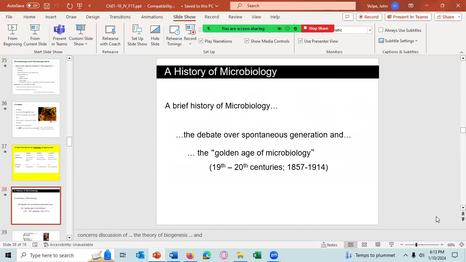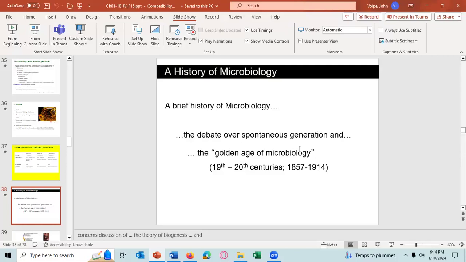When we're talking about the brief history of microbiology, you should understand that most of it concerns the debate of whether a microbe could spontaneously generate or had to come from a pre-existing life form, the theory of biogenesis.